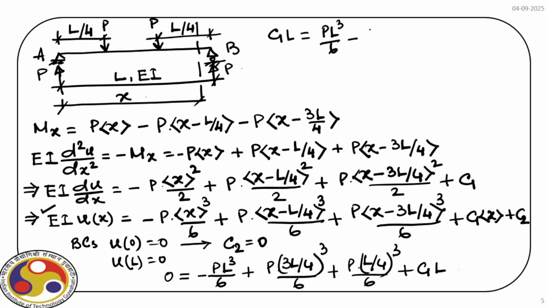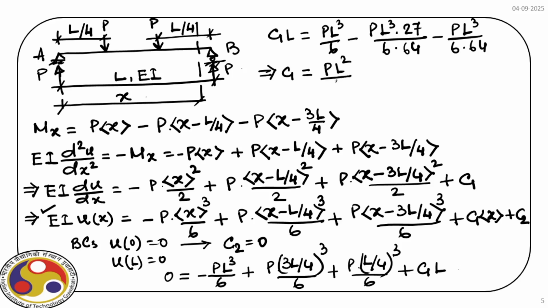So we have PL cube times 27 divided by 6 times 64, minus PL cube divided by 6 times 64. So C1 is equal to PL square divided by 6.